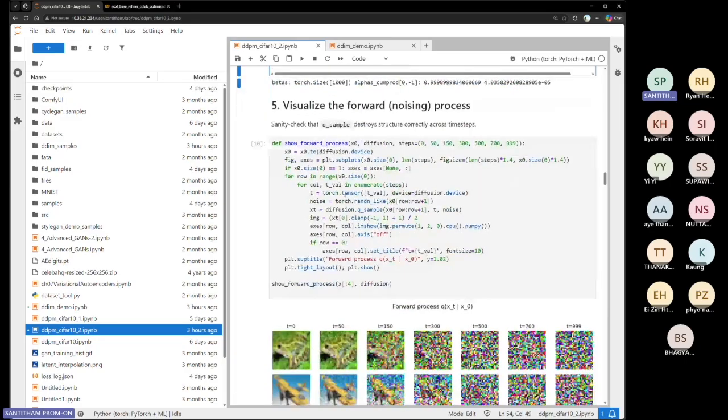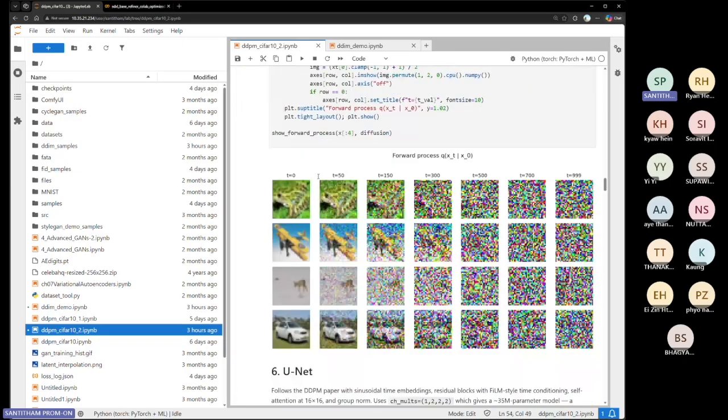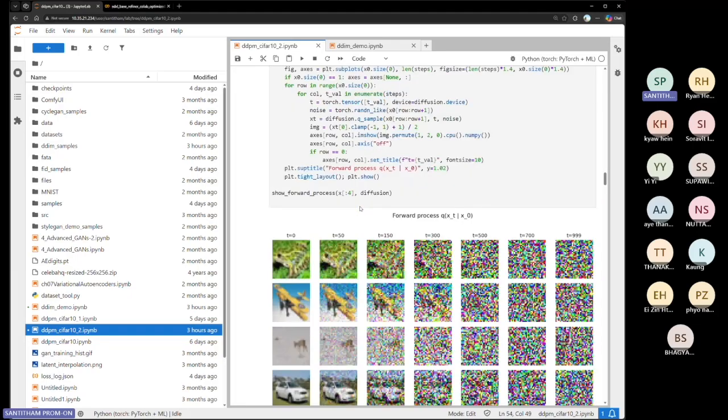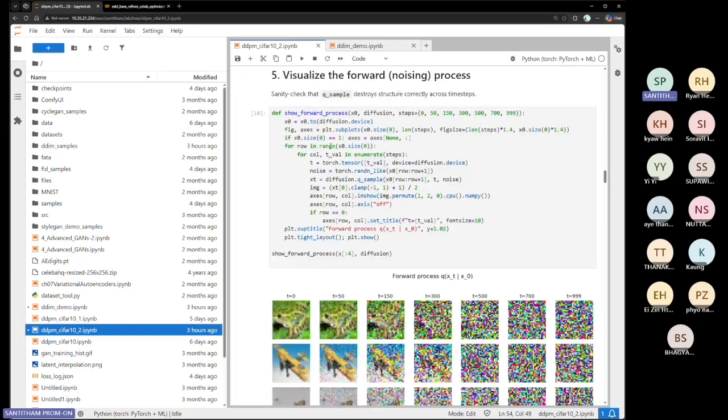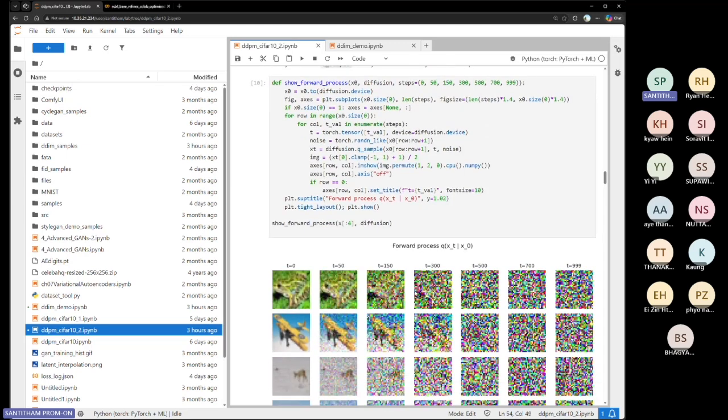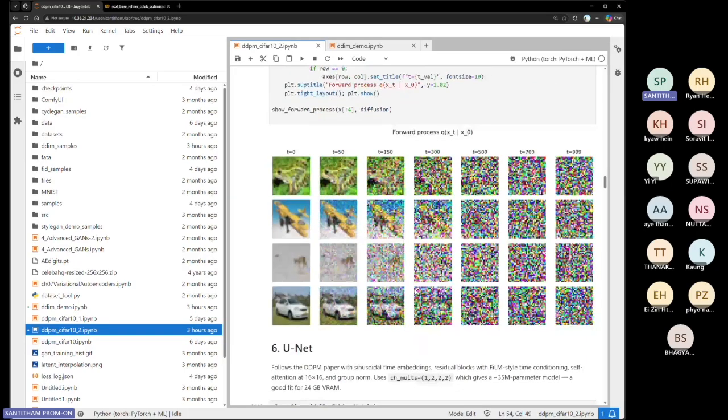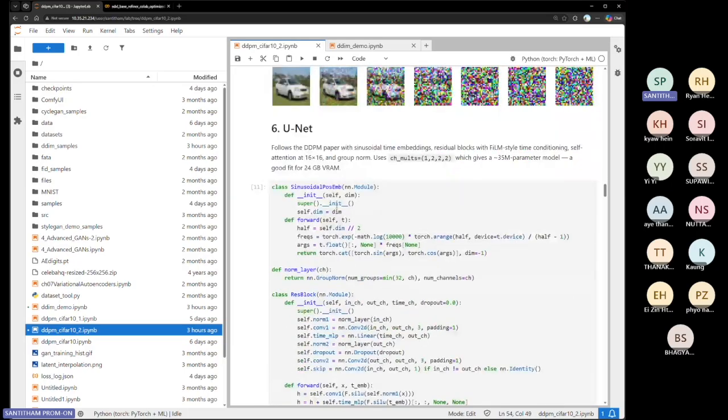Then this is the forward process by injecting the noise, and training the model to remember the noise pattern to predict the noise.